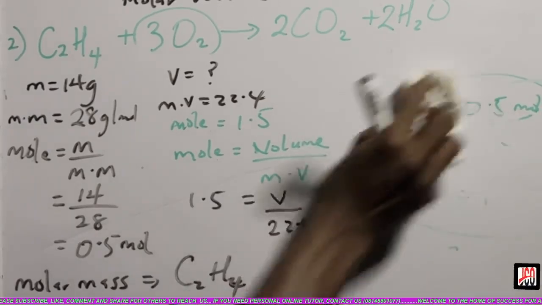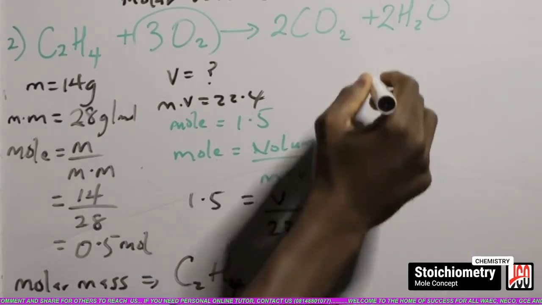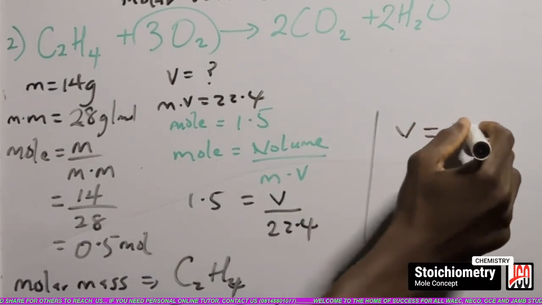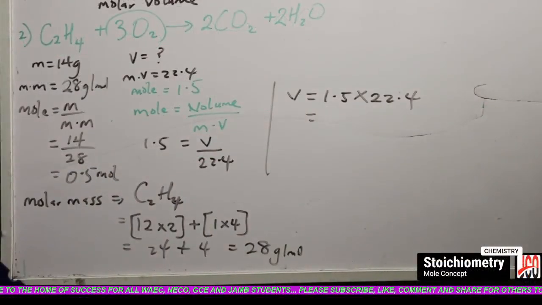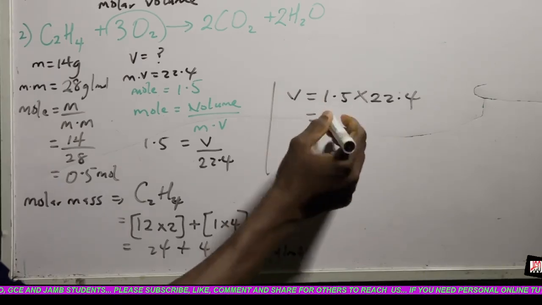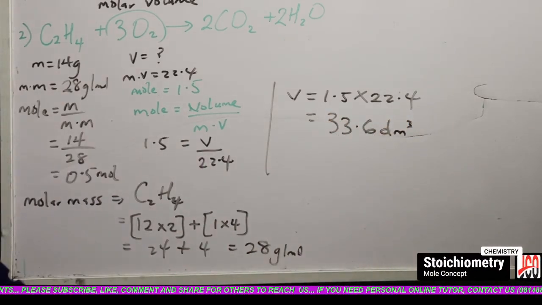So we have volume is equal to 1.5 times 22.4. 1.5 multiply 22.4, you're going to have 33.6. 33.6 dm cubed. That is your volume for the oxygen gas. So follow along, and next class we continue.